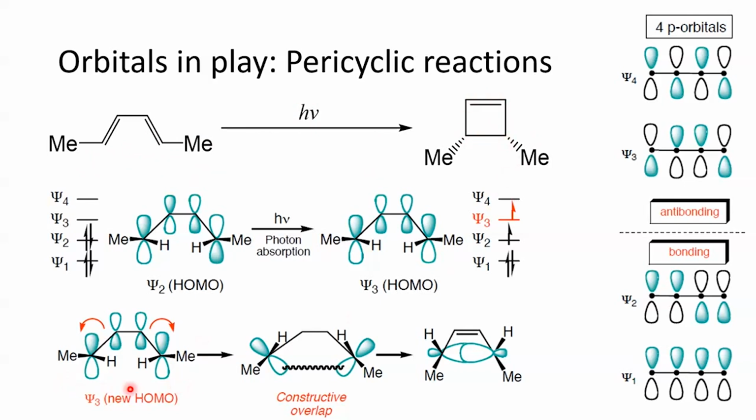And because we know the phase of the orbitals down here, and we know that to get this constructive overlap, they have to rotate outwards, like so, we can actually predict the stereochemistry of our products. So we have stereo control over this reaction as well, because this is the only orientation that's going to give you this constructive overlap of the 2 orbitals shown like so.